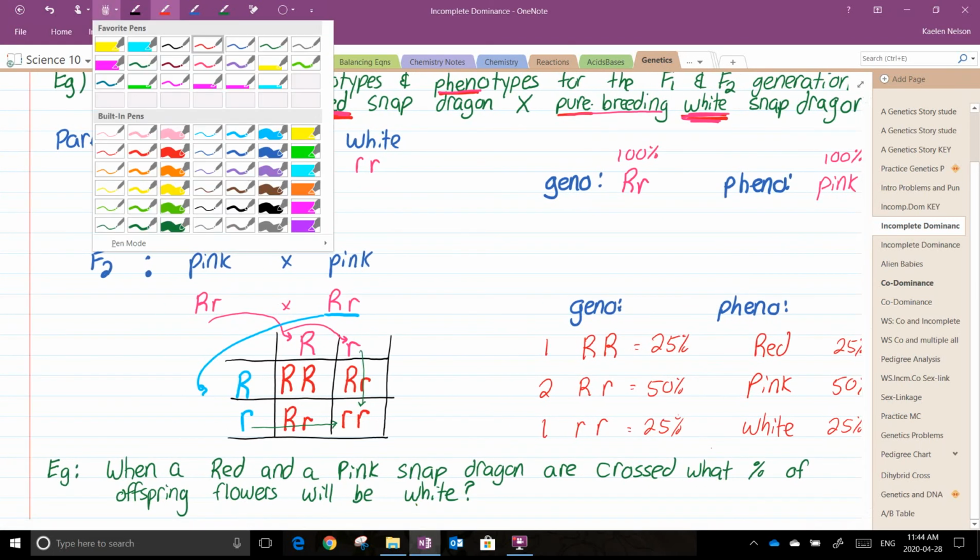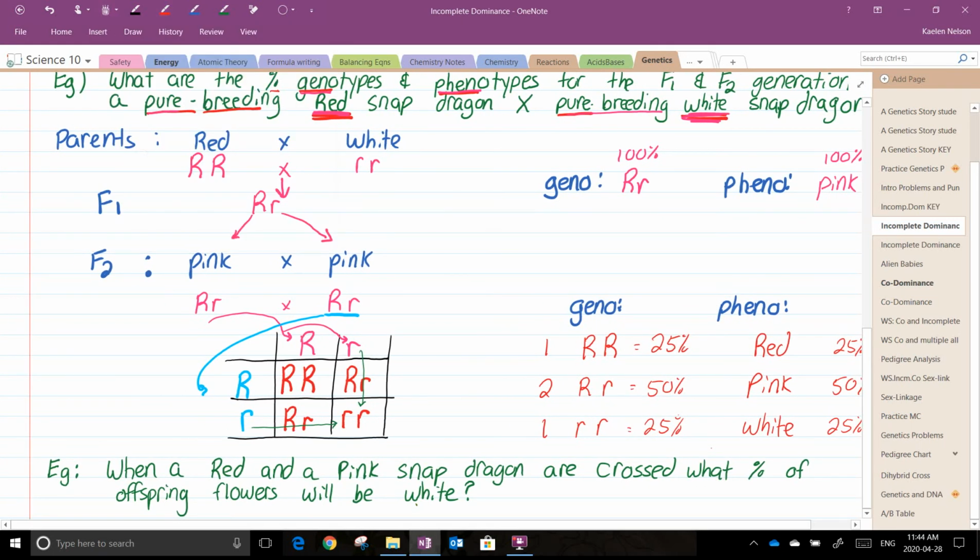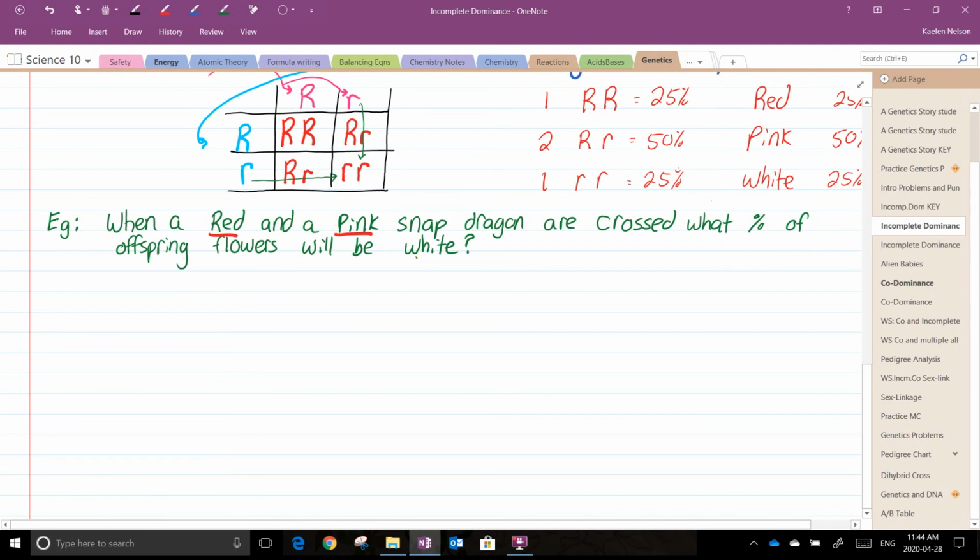Okay, our next example asks us to cross a red and a pink snapdragon. So what will our offspring be? So we need to know a genotype for our red parent would be big R, big R, and a genotype for my pink parent would be big R, little r.